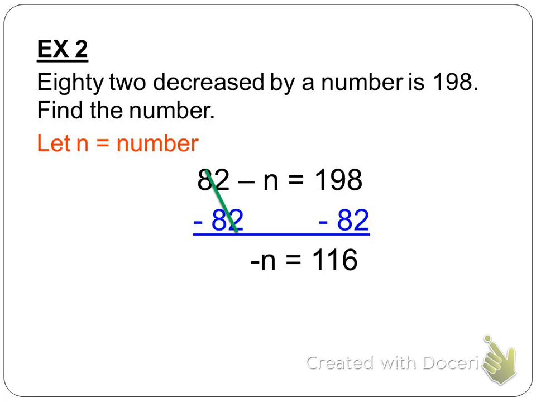No. What do I need to do? Divide or multiply. Yeah, either one. Divide by negative 1. And I'm left with N equals negative 116. What are your questions?